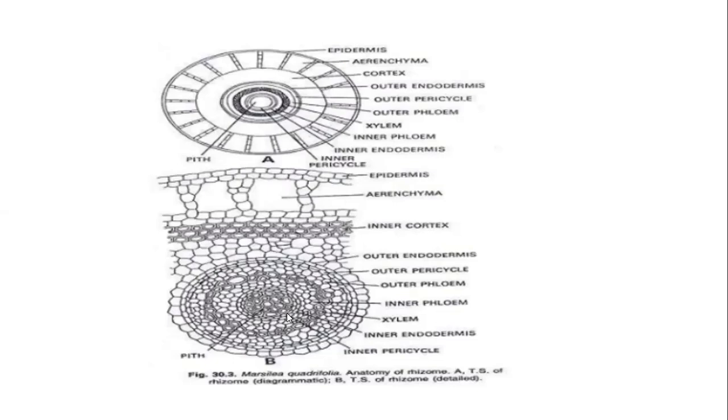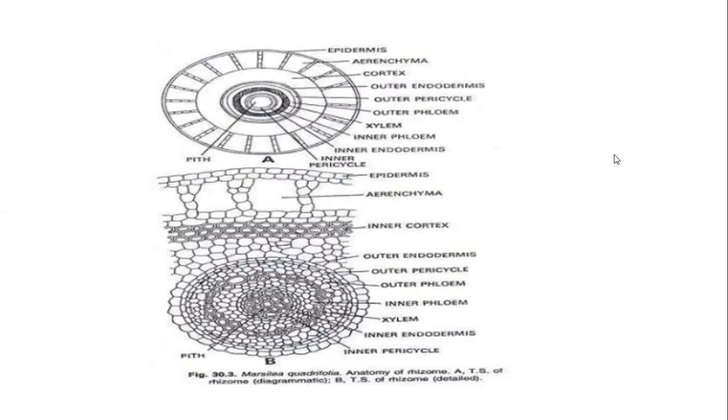And internally, when we go further, it is again divided into inner pericycle and inner endodermis, and centrally it is a pith region. So this is the pith in the center, this is the inner pericycle, inner endodermis, a single row of xylem vascular tissue, and then the phloem, and the outer pericycle and the outer endodermis.